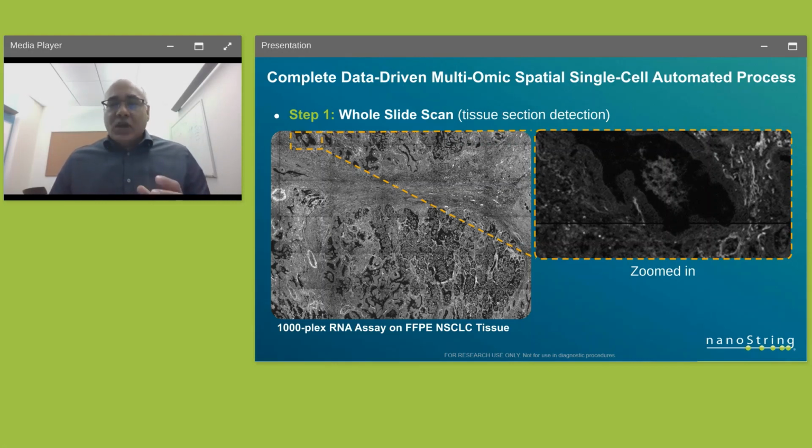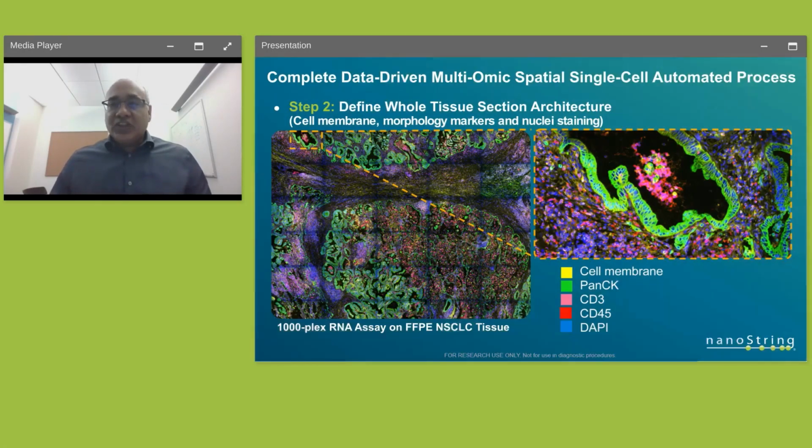After very simple sample processing, you upload that slide onto the instrument. The whole process starts with a very rapid, low resolution scan of the whole slide to locate where the tissue section is. And then the tissue section is overlaid by the morphology marker staining.